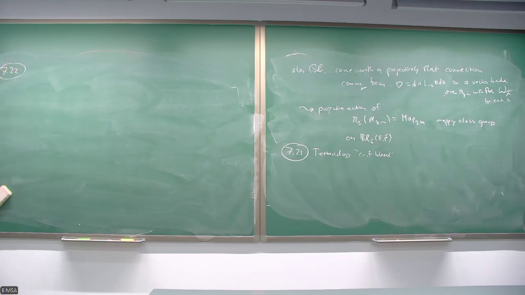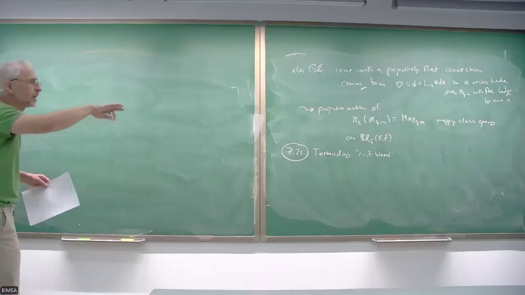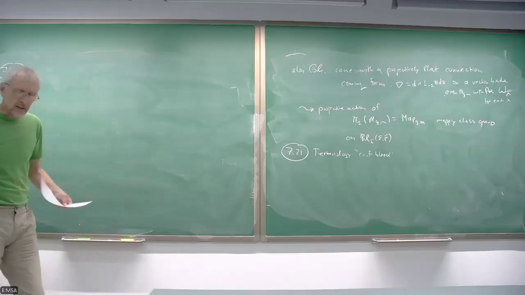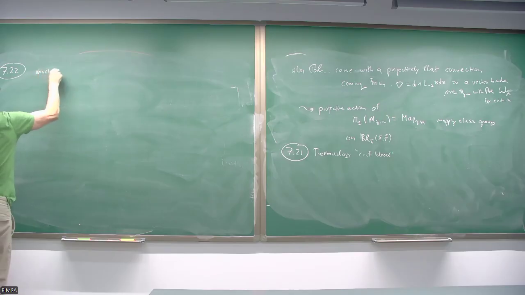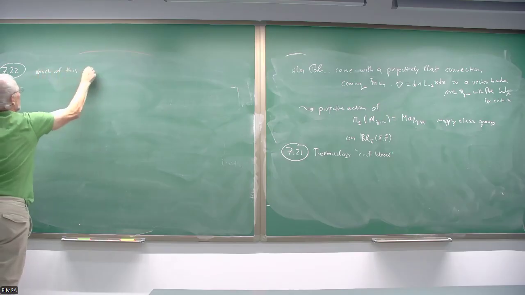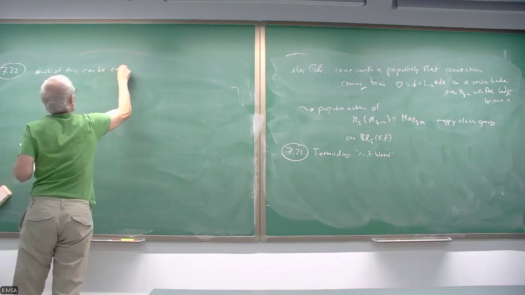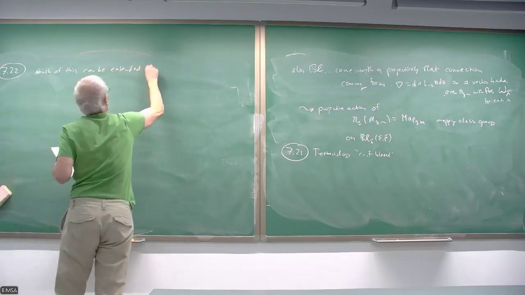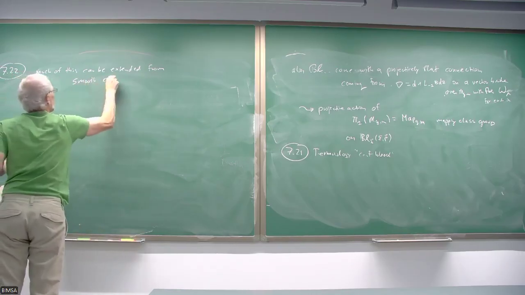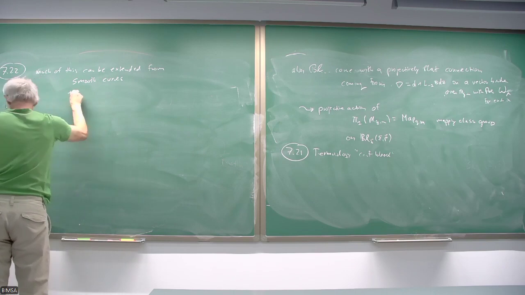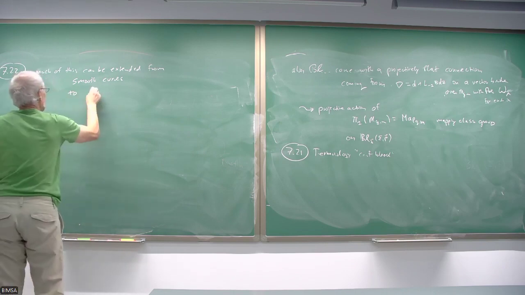When I said complex curve, technically I mean a smooth curve. It turns out that much of what I described can be extended from smooth curves to what are called stable curves.